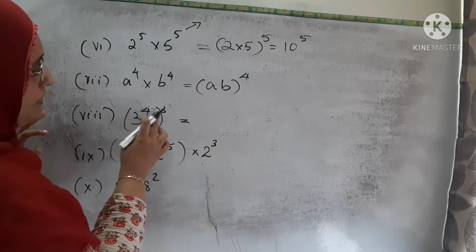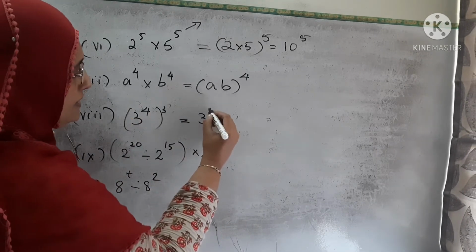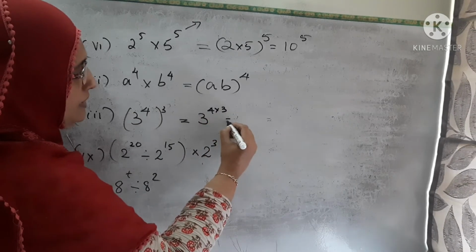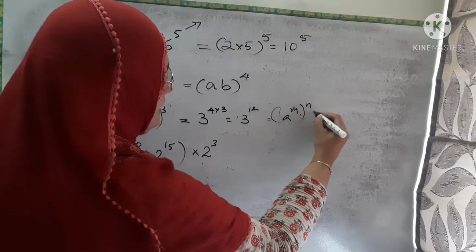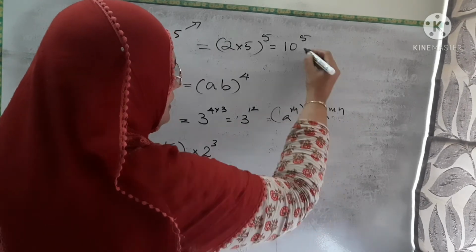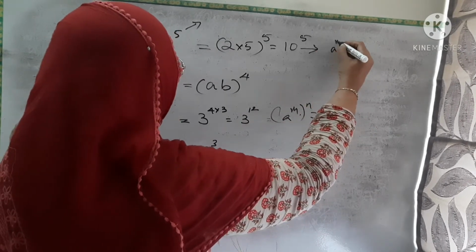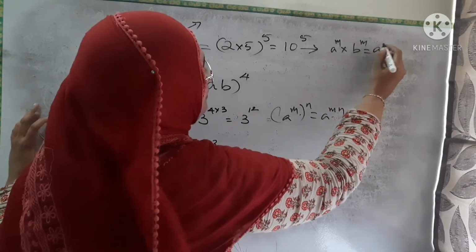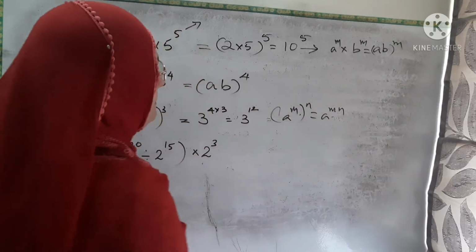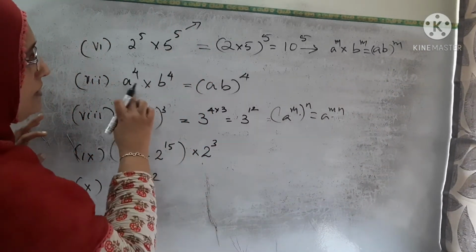Then 3 raised to 4, the whole raised to 3. I told you, it is 3 raised to 4 into 3, that is 3 raised to 12. a raised to m, the whole raised to n, a raised to mn. Here which is that? a raised to m into b raised to m, ab raised to m. Here also same.